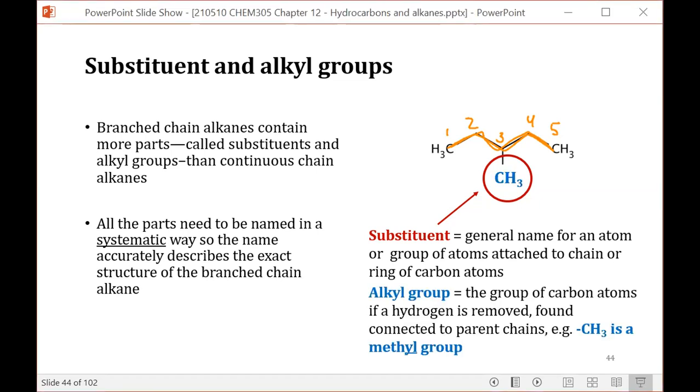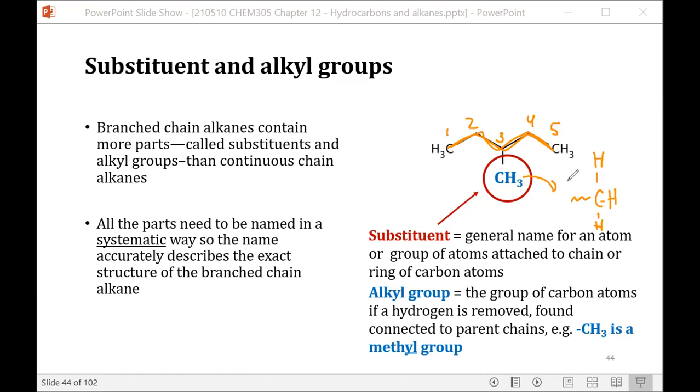And then an alkyl group is the specific group of carbon atoms sticking off of a chain. So you look at the alkyl group, CH3, and it's based on what it would be if you plucked it off. That's 3 hydrogens, and that's where it was connected to the chain.